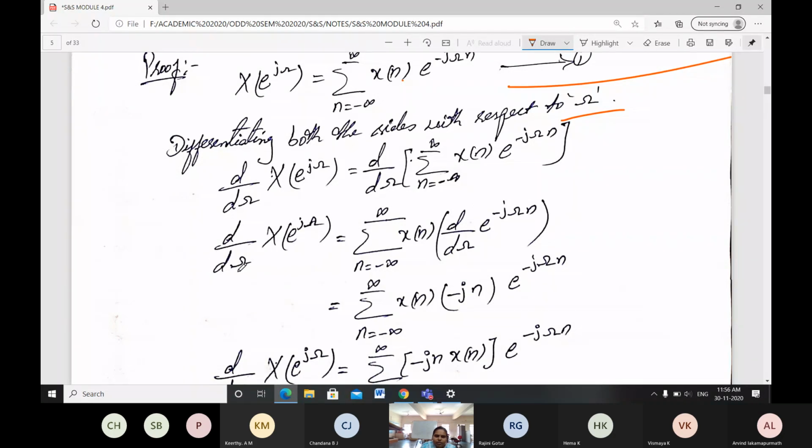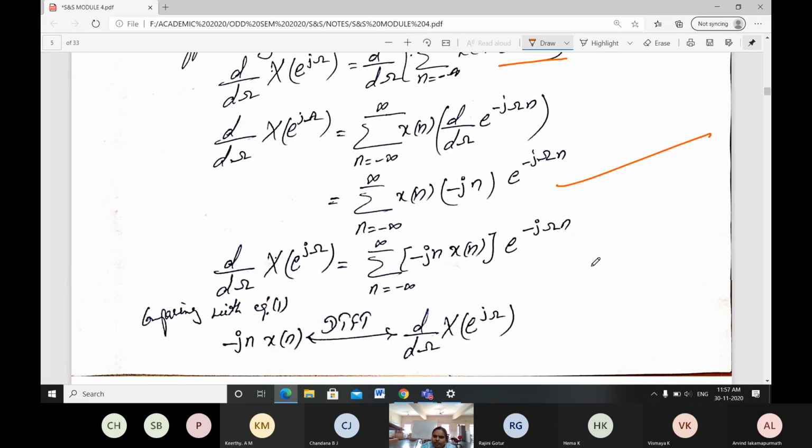Where is omega varying? Only in e raised to minus j omega n, so differentiating only that part, minus jn is a constant because only omega is varying, right? Minus jn into e raised to minus j omega n you will be getting.